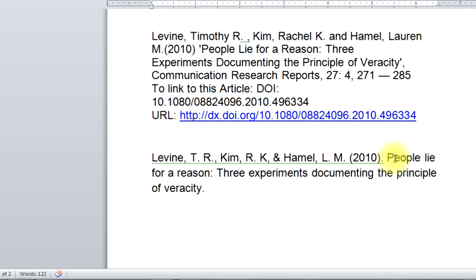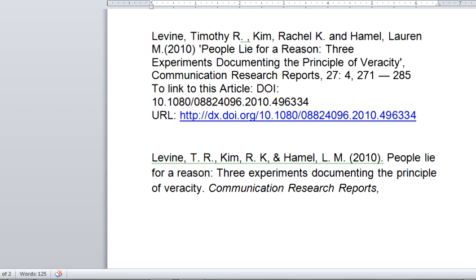Now the journal title, that's different from the journal article title. The journal title is right here, Communication Research Reports. This gets italicized in our entry, so it's going to be Communication Research Reports.